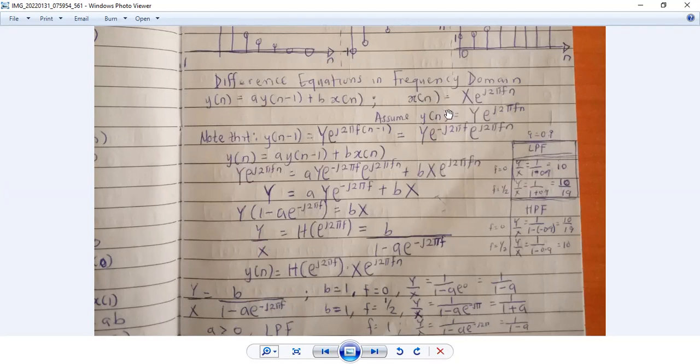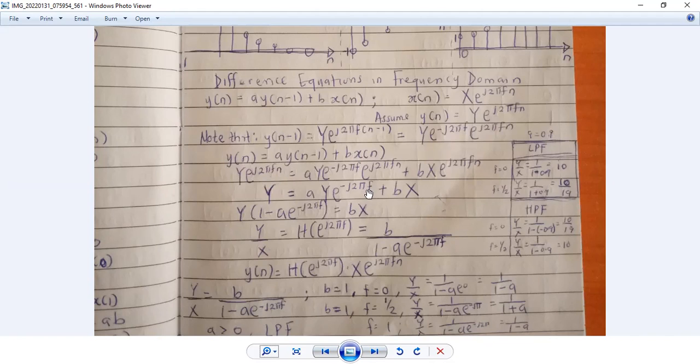So we're going to plug these two assumptions into the original equation. Then if we do that, we get this equation. But in order to do this, we should note that y of n minus 1 is simply putting n minus 1 here, which is given by this equation when it's expanded.